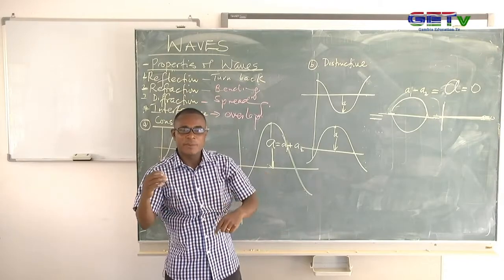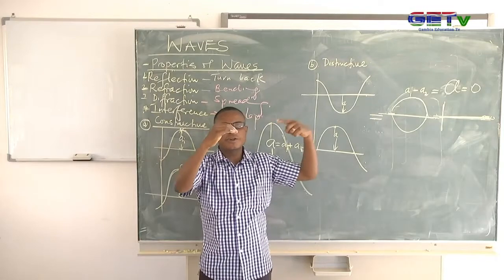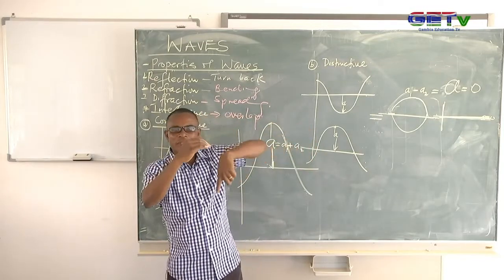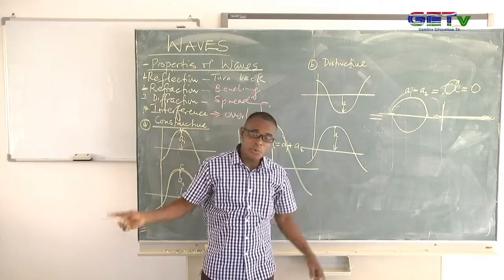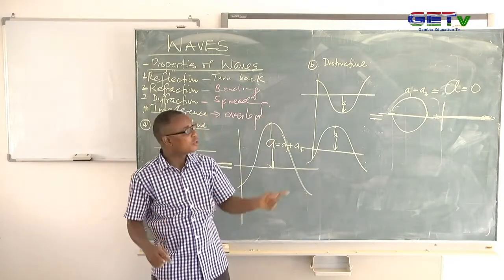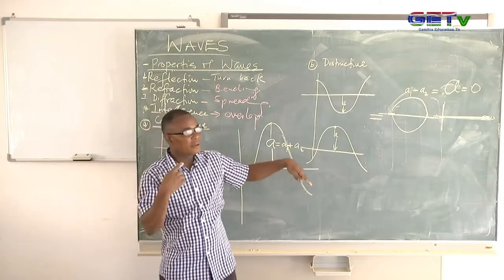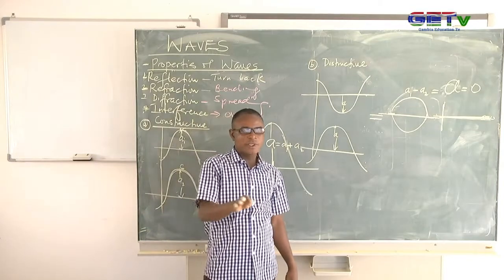So let's say the amplitude of this one was 4, and the other one, moving in the opposite direction, had an amplitude of -4. What will happen? +4 minus 4 results in 0. So the two waves interfere destructively when they cancel each other's effect. And what you observe on the pond is that the pond settles once more.